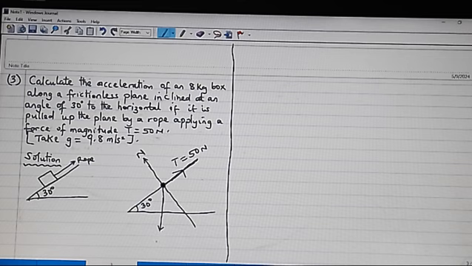So W is mg. We need to find a component of the force along the x-axis. Since the box is pulled upwards, of course it will overcome whatever force is acting in the opposite direction. So let's find that force acting in the opposite direction.